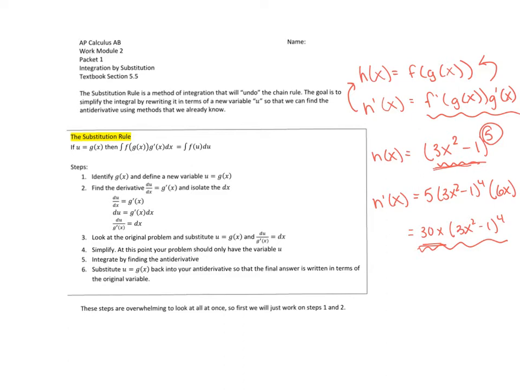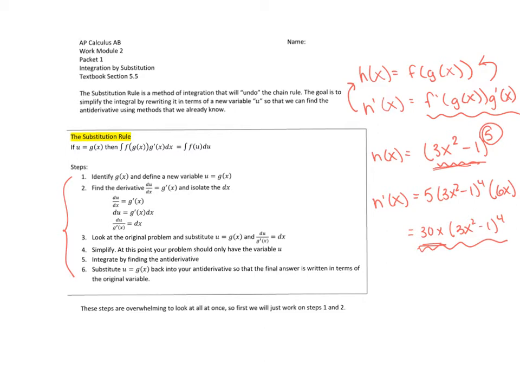So the steps here are meant to simplify the problem. I know that these steps look like a lot, and it doesn't look like it's simplifying the problem, but I hope that once we do a few, it'll make a little more sense to you. Our goal is to rewrite our problem in terms of a new variable. The stuff that I've written on the side is all in terms of x.